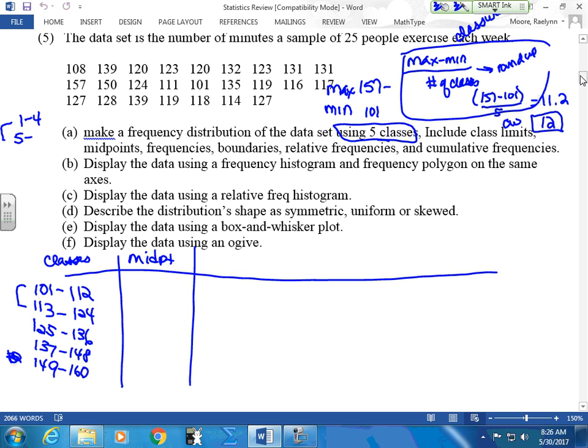Nope, keep the midpoint the way it is. What do you get for your midpoint? 106.5. Now all you have to do is add 12 all the way down. Your class width is 12. Keep that decimal.